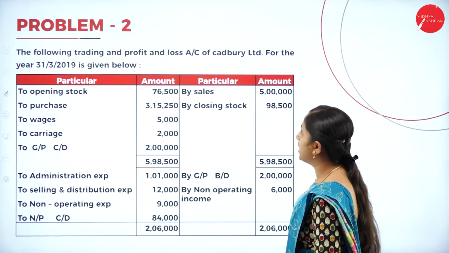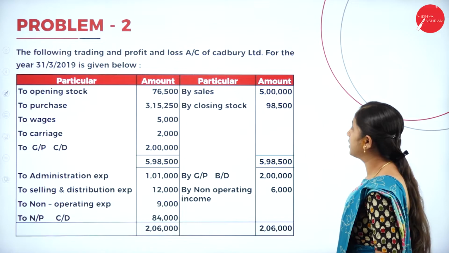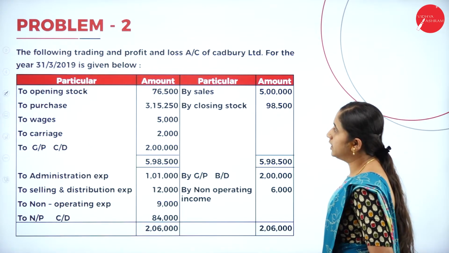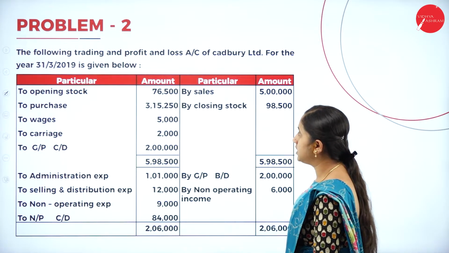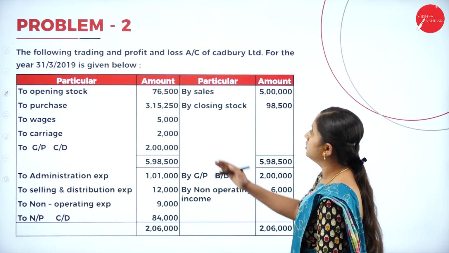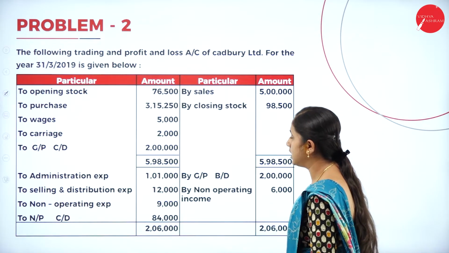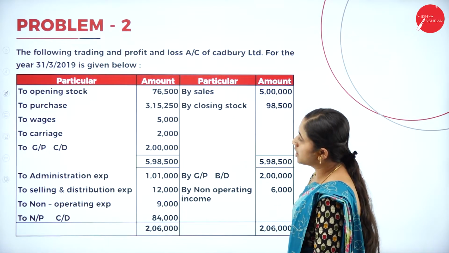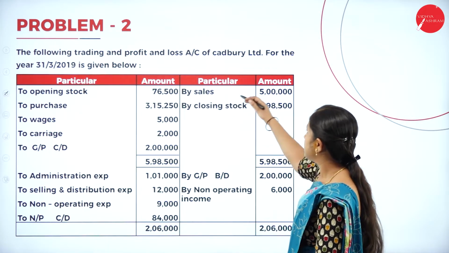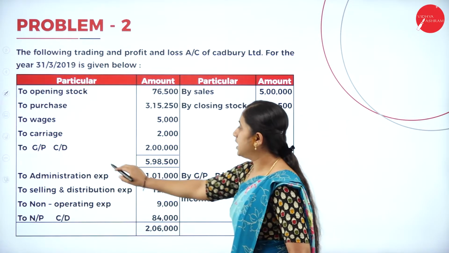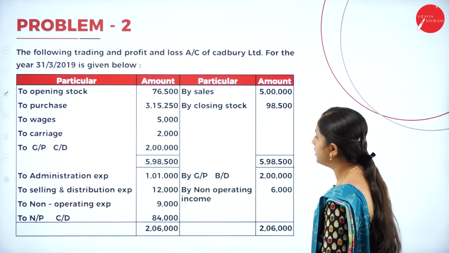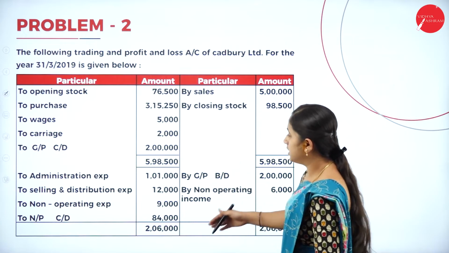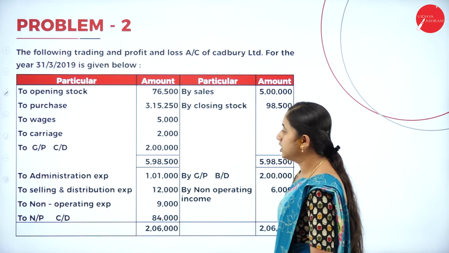Following trading and profit and loss account of Cadbury Limited for the year 31st/3/2019 is given below. Here, opening stock, purchase, wages, carriage, then sales, closing stock. Gross profit is rupees 2 lakh and net profit is 84,000.